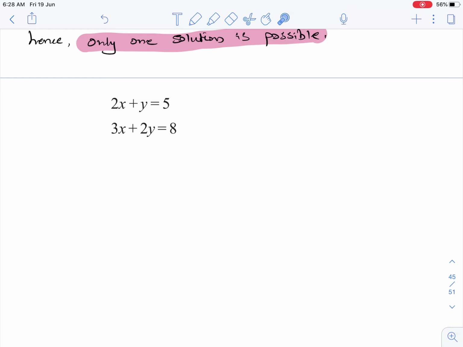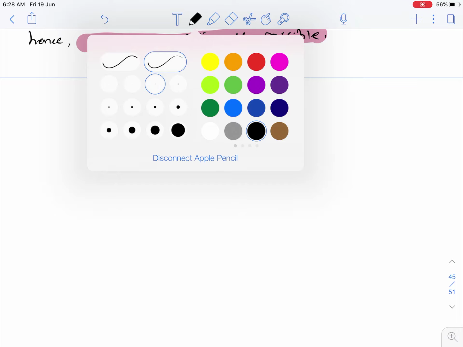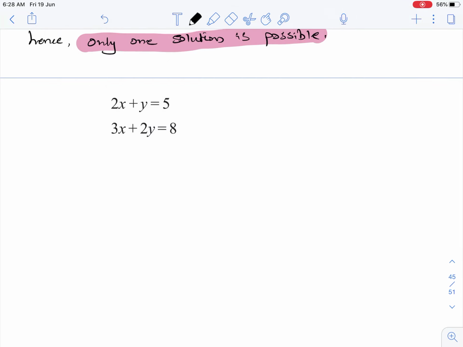Now first we will solve it by which method? Let us solve it by our first method, that is the substitution method.